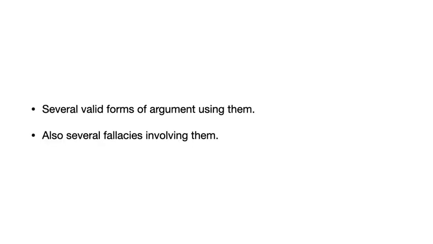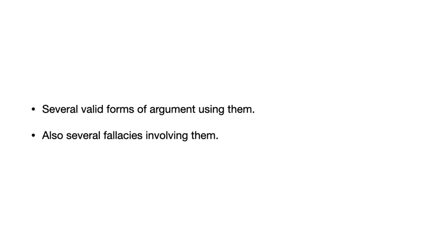For one thing, there are several different valid forms of argument that use them. With disjunctive statements, there's really only one, right? This argument by elimination. A or B, not B, so A. A or B, not A, so B, right? That's really the only thing you can do, at least with the inclusive or, right?